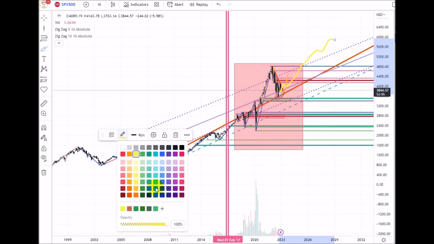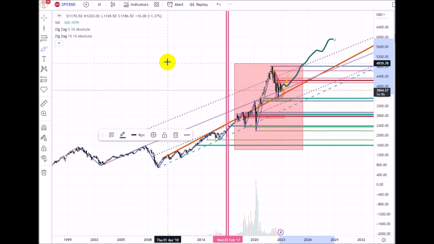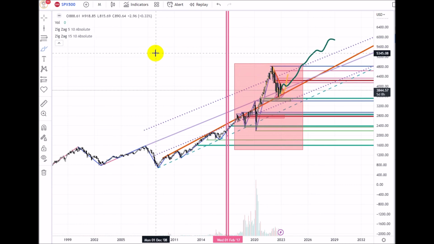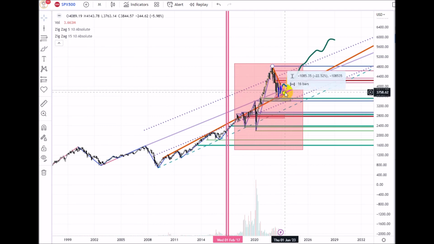And this is what I believe is most likely to happen right now, in the sense that we have this support channel. We may come down and retest these areas. If there is some sort of a crisis event, we may come down and retest these areas, 28.30, 28.50.